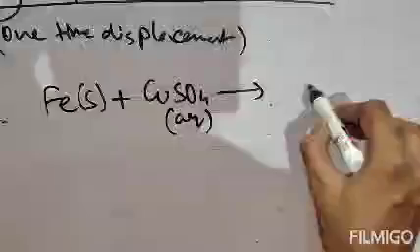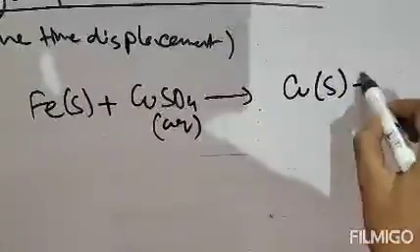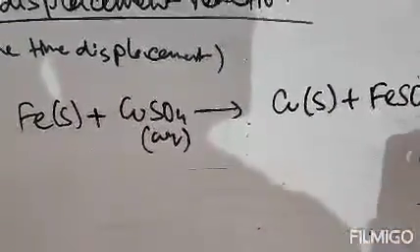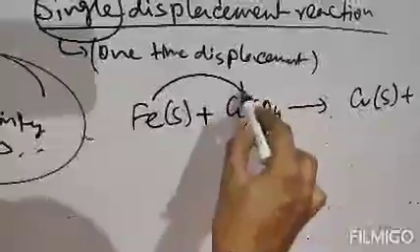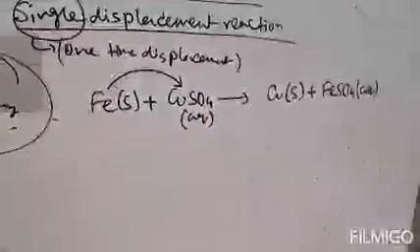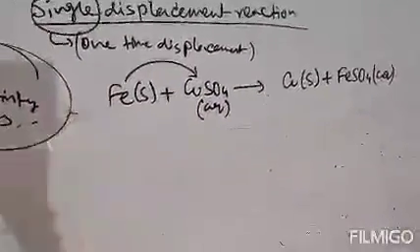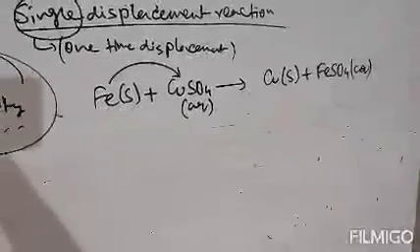The product will be copper plus FeSO4. Copper is in solid form and FeSO4 is aqueous. So here Fe displaces copper from copper sulfate solution to produce ferrous sulfate solution.